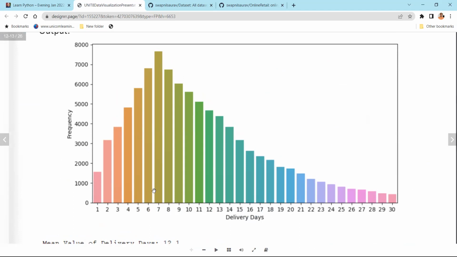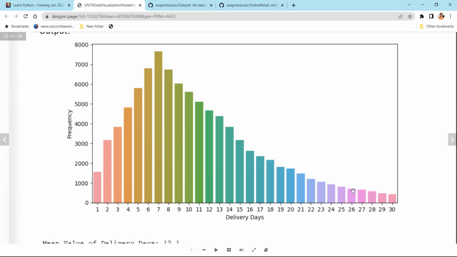How many products were delivered within 1 day? It may be about 1,500. In 2 days, about 3,200. This is like 4,000. Maximum products were delivered in 7 days, which is almost like 7,500, right?